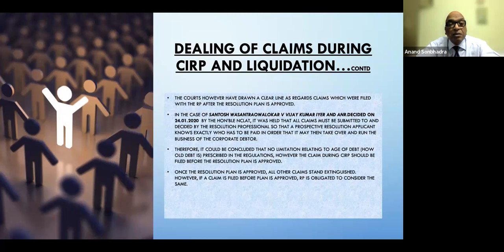In that case, the tribunal will decide what is to be done, irrespective of whether it decides after the approval of the plan or before. The fate of that claim will be decided by the adjudicating authority, and it has to be accommodated or taken by the RP or subsequent monitoring committee in CRP as per the decision of the Honorable Tribunal.